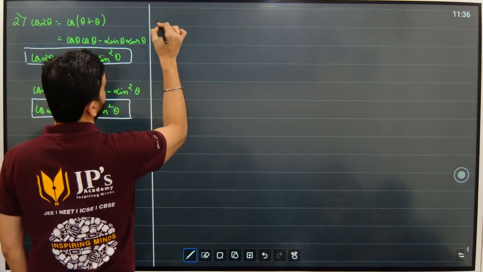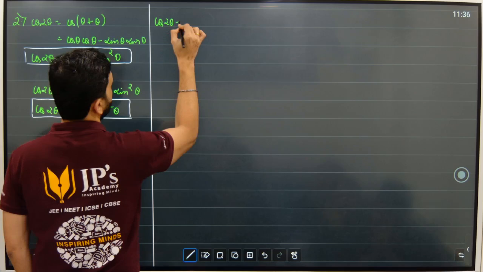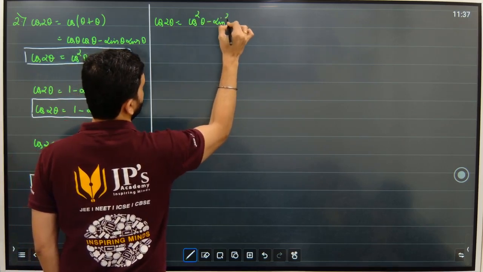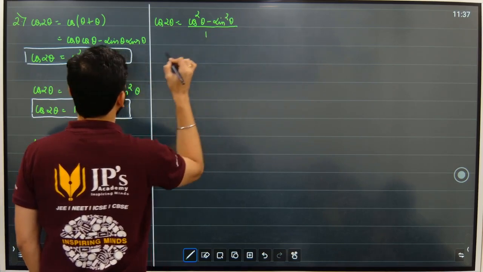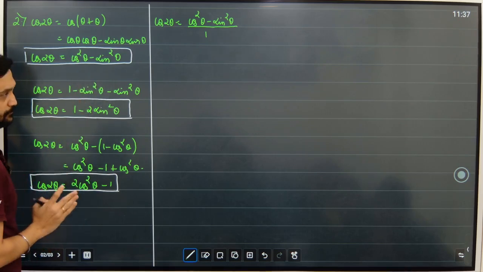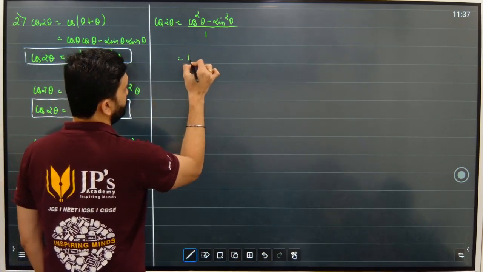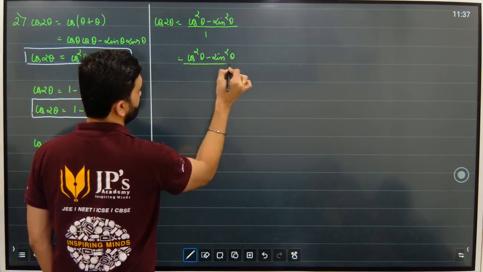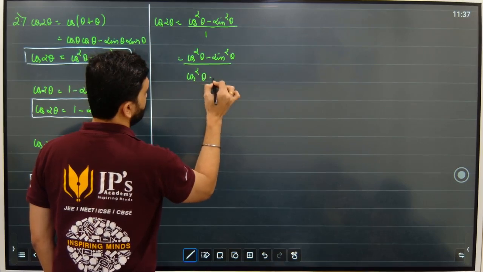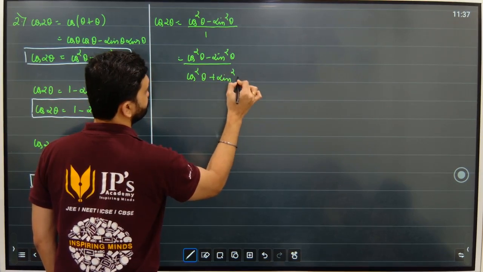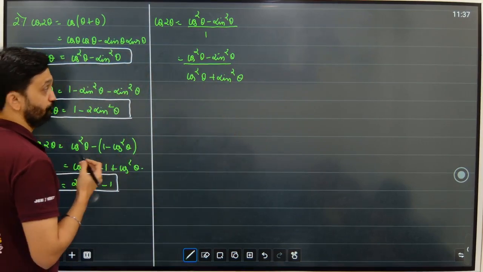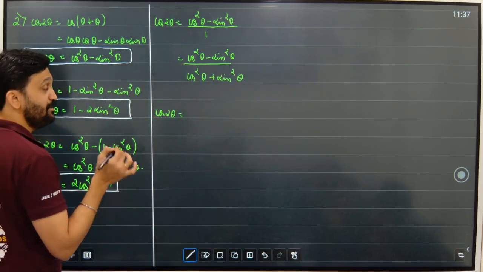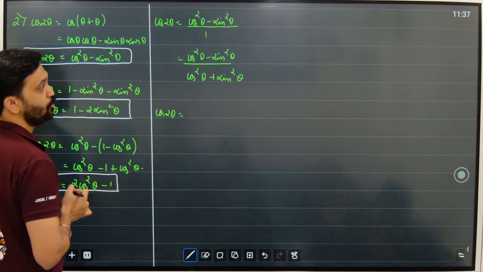So if I start with the first formula, okay, cos 2 theta is cos square theta minus sin square theta, the whole upon 1. देखो इसके नीचे 1 है, दिख रहा है 1 है. अब 1 का फॉर्मूला भी है हमारे पास, the identity formula that we all are aware of, which is cos square theta plus sin square theta, which is nothing but cos 2 theta. Now I will divide the numerator and denominator by cos square theta.